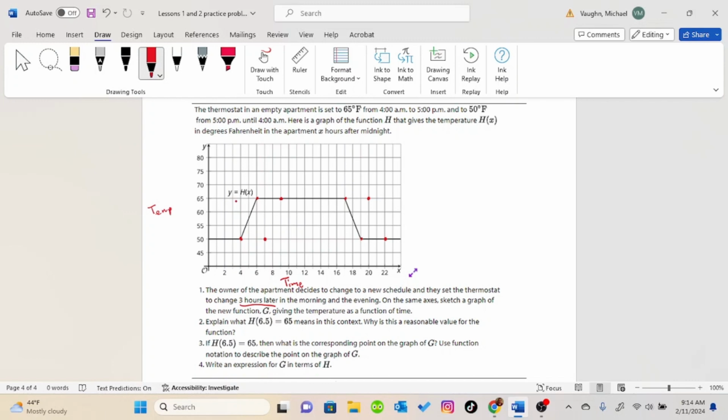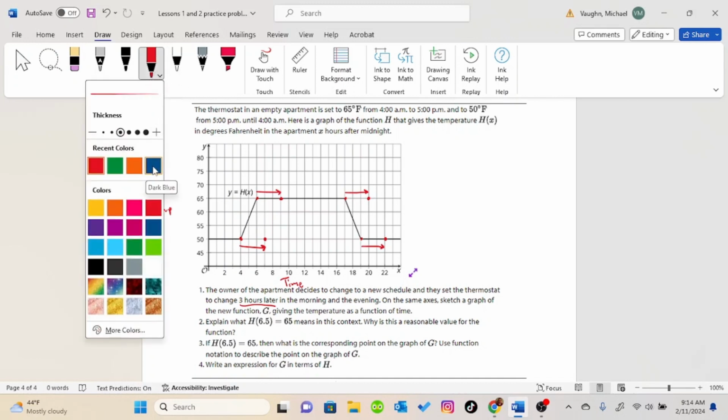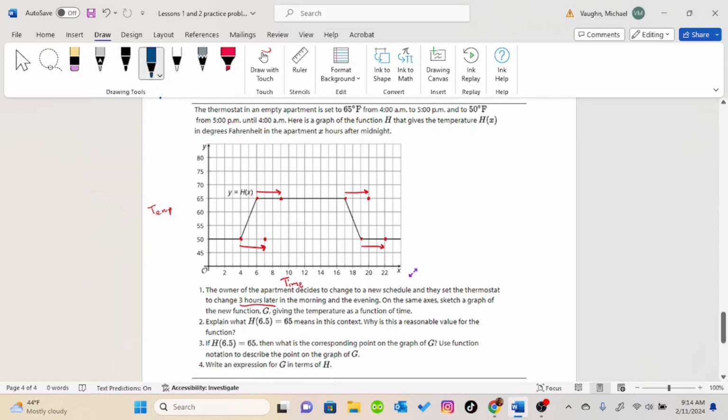So now when we draw these points, we can connect them together to show the new graph. It comes over 3 units farther.